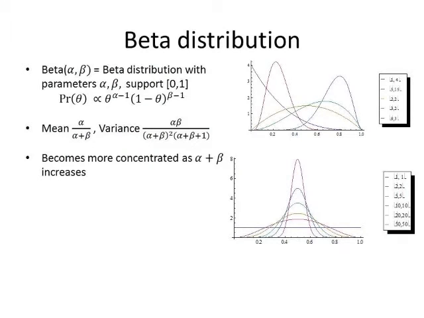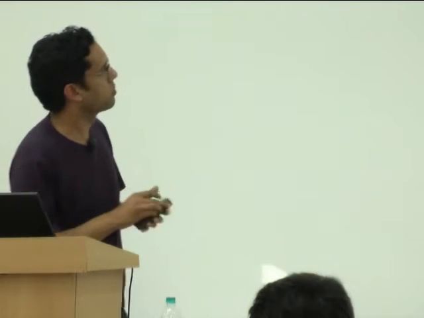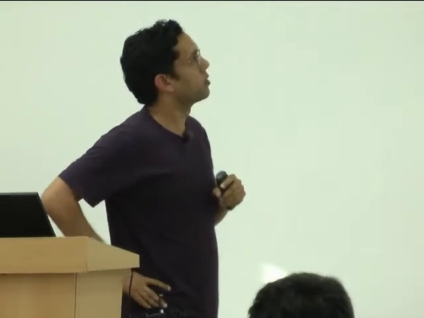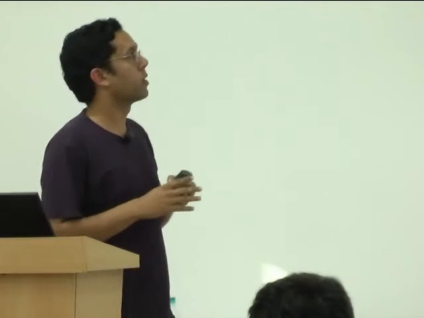So before I talk about Thompson sampling, I need to tell you what the beta distribution is. Most of you know what it is, but for those who don't know, I'll quickly try to explain what it is. So the beta distribution takes 2 parameters, alpha and beta. It has a distribution with support on the interval 0, 1.